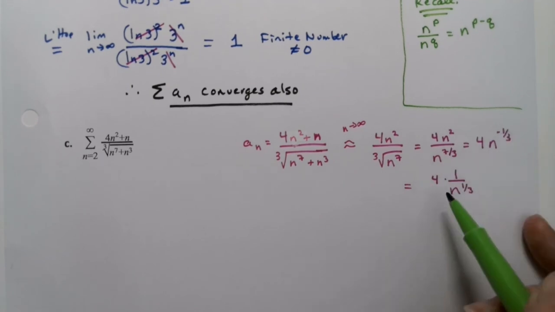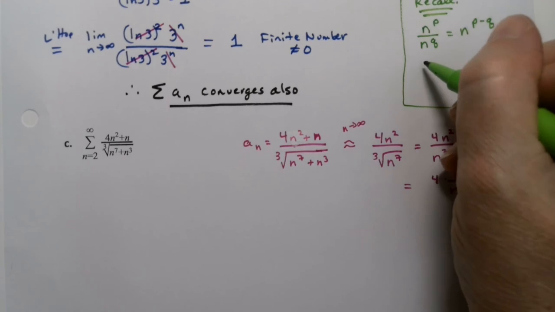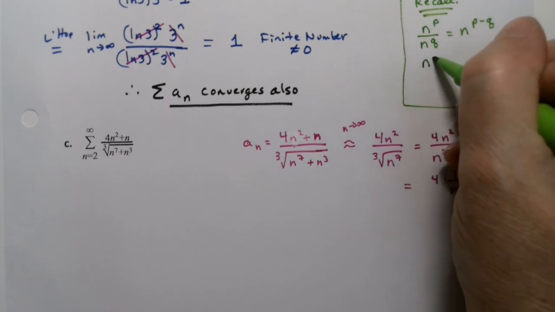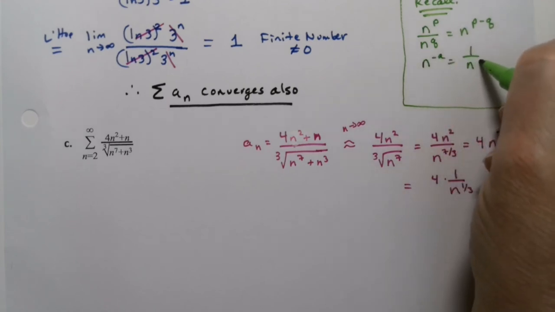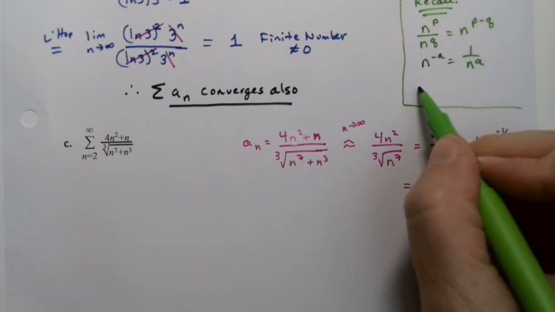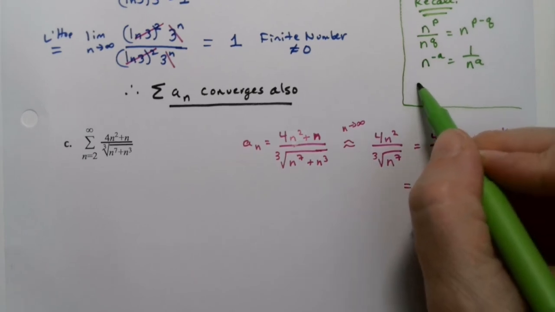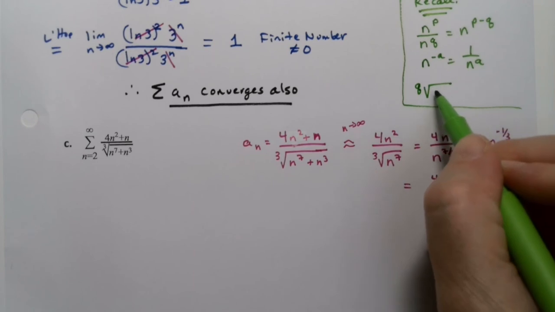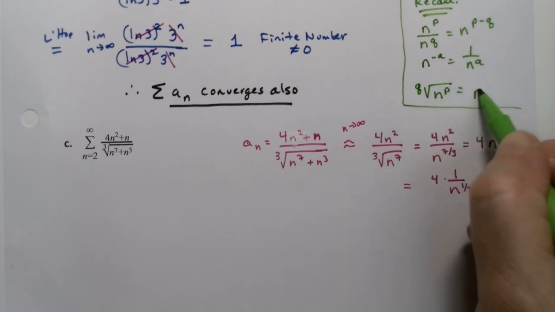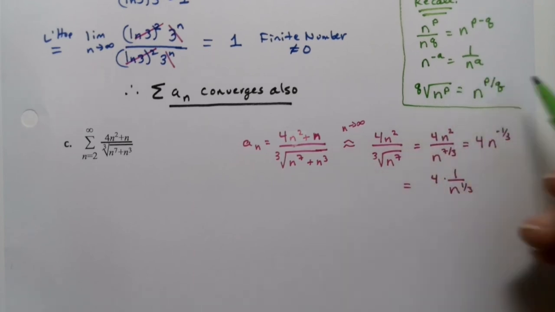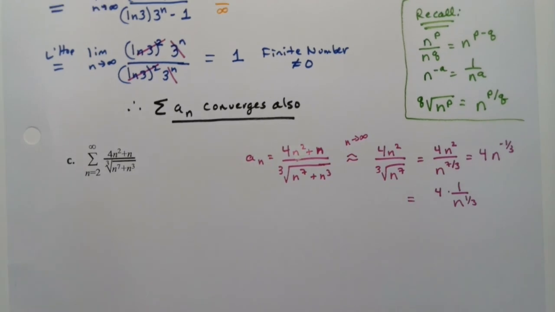And negative 1/3 means it's 1/3 in the denominator. Similarly, n to the negative a is 1 over n to the a. And then also, if I have the qth root of n to the p, that's the same thing as n to the p divided by q. Just a little pre-algebra reminders of some things for us.